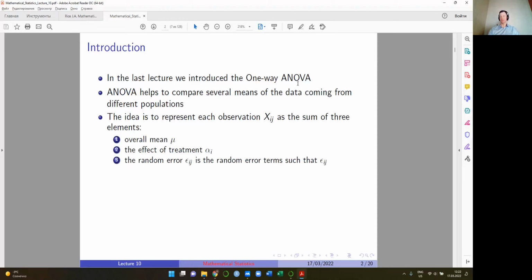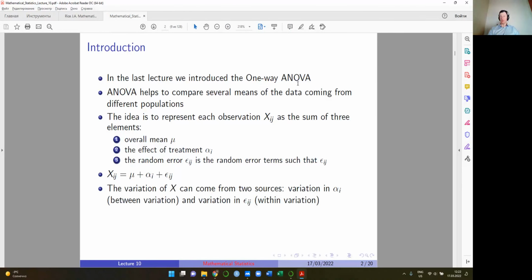So the random error represents all other factors that can also influence our variable. And overall, our model is an additive model which consists of three parts. One part overall mean, mu, another part is the effect of treatment, and the third part is the random error.